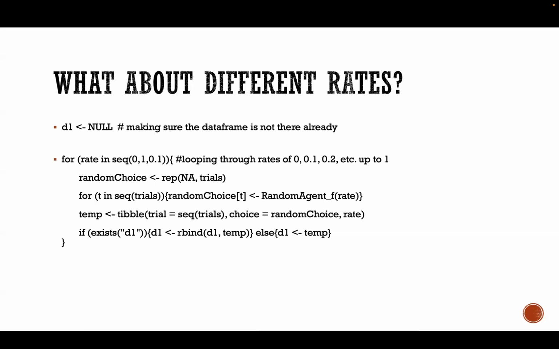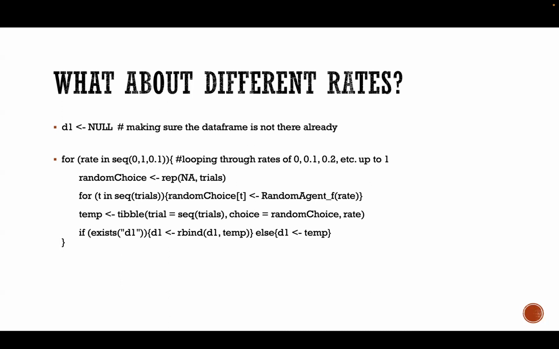We have a random choice vector, just like before. We have our sequence of trials, generation of the random choice, given the random agent and the rate, just as before. We have a temporary table where we save these data: a column with trial, a column with choice, and the rate, so we remember which rate it was.